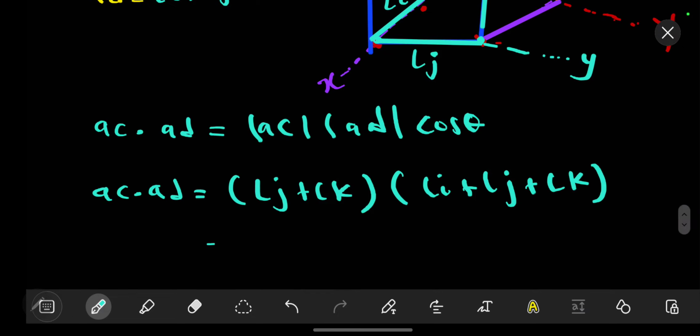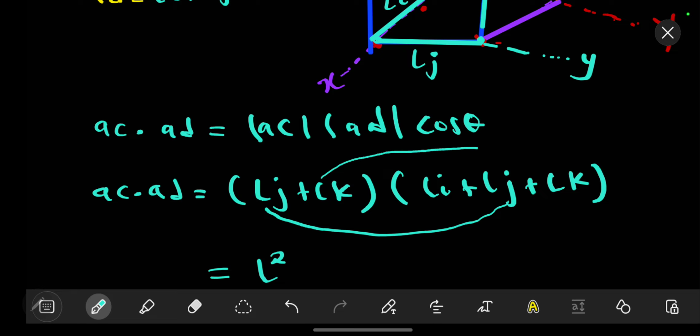So this one should be equal to, we only multiply with the j's. So we are going to have LJ times LJ. This one will be equal to L times L, L squared. Then the other part, we let LK multiply with the K only.